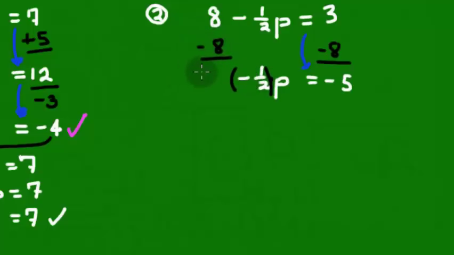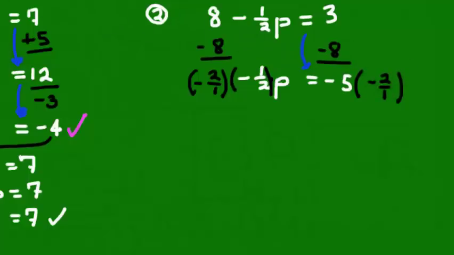In other words, its reciprocal. The reciprocal of negative 1/2 is negative 2 over 1. And I'm going to multiply both sides by that value, negative 2 over 1.